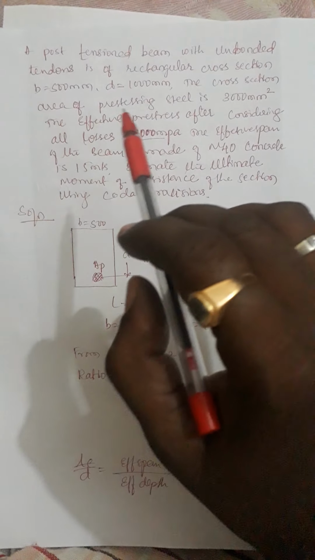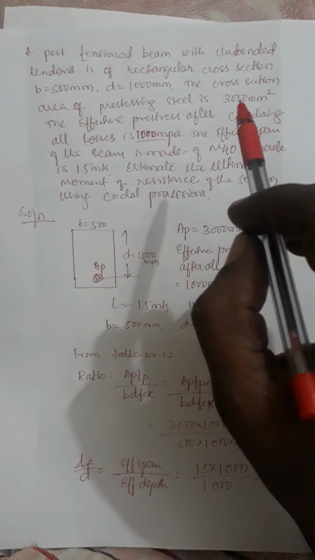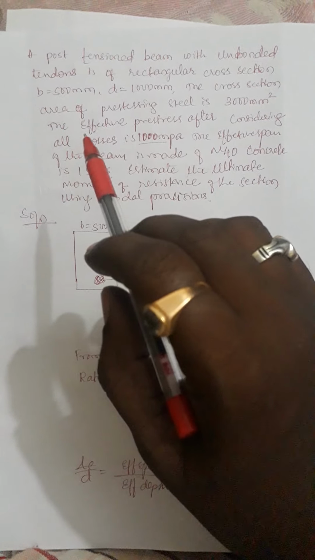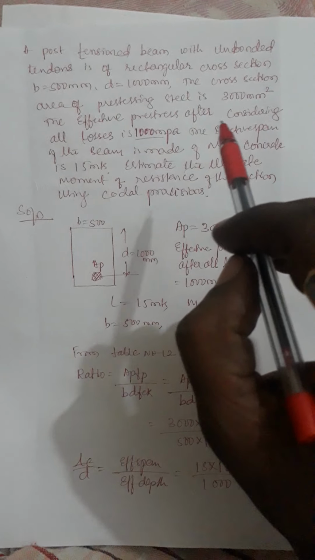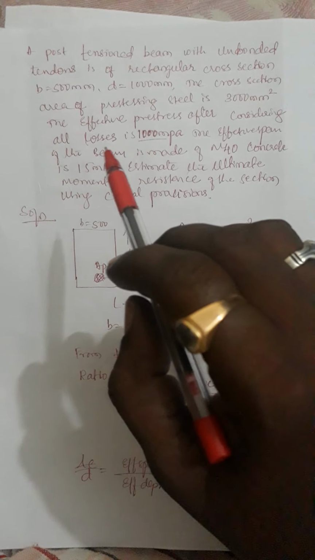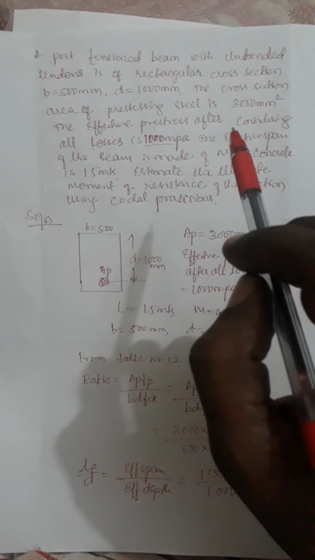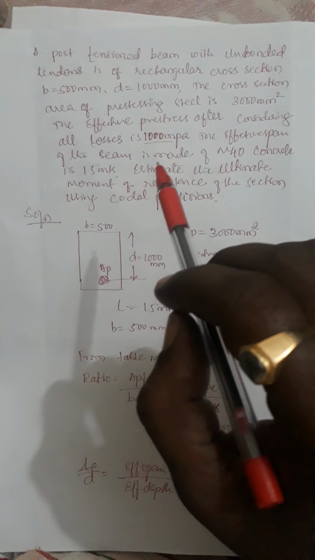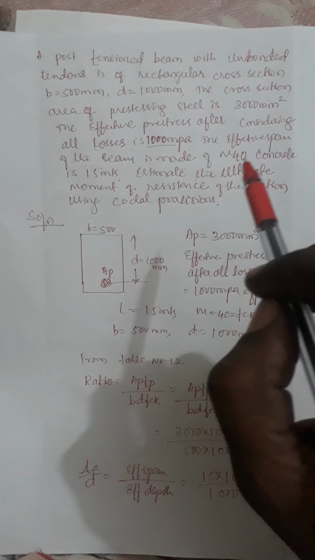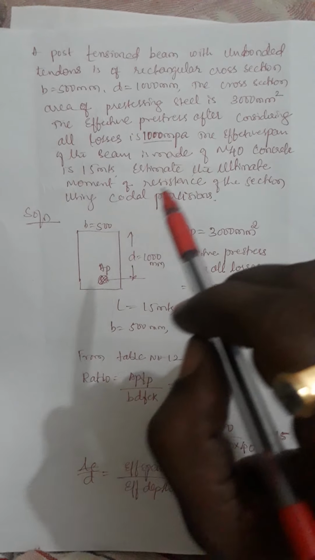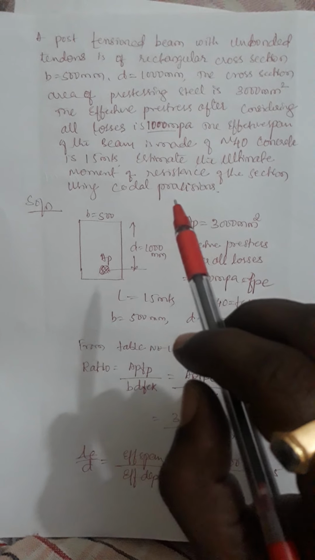The cross-section area of pre-stressing steel is 3000 mm square. The effective pre-stressing after considering all losses is 1000 MPa. The beam is made of M40 grade concrete, and the effective span is 15 meters. Estimate the ultimate moment of resistance of the section using code provisions.